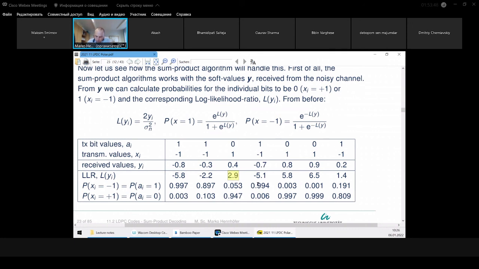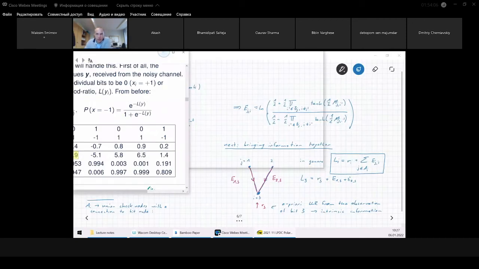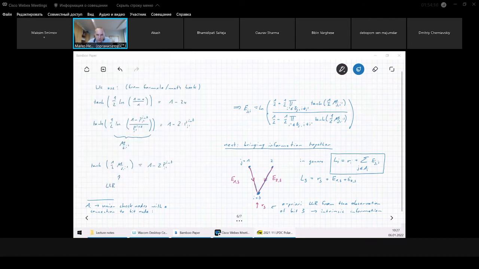Before we do anything else, we already know something about our bit just from observing it. So in this example, R3 would be 2.9, before we start iterating or gaining additional information.